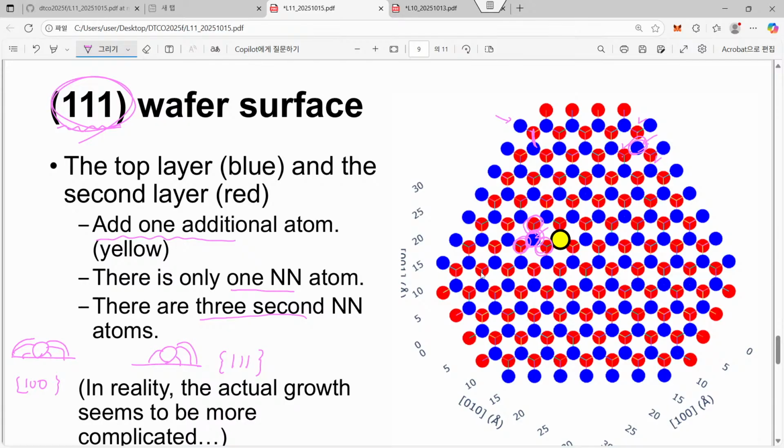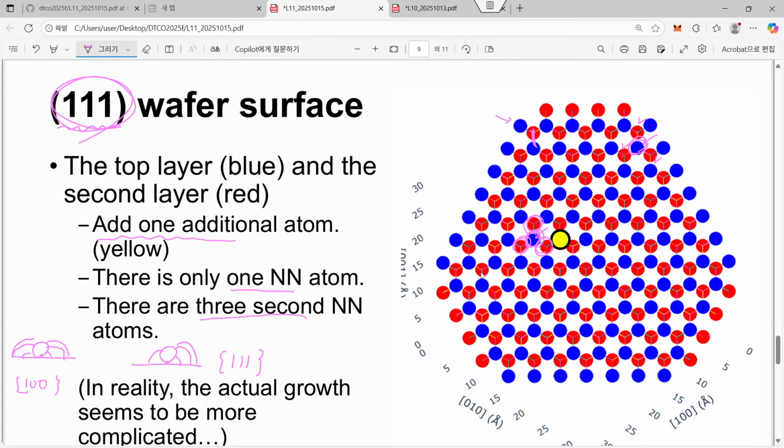So simply speaking, the reasoning why we have a higher growth rate for the 100 surface instead of the 111 surface is the strength of bonding between the newly added atom and existing silicon atoms.